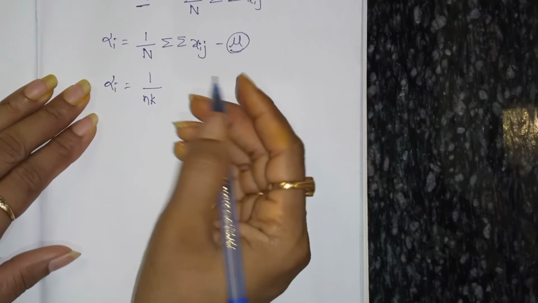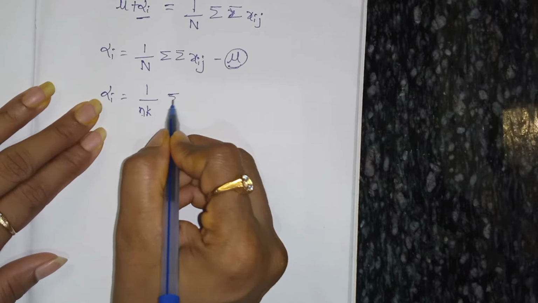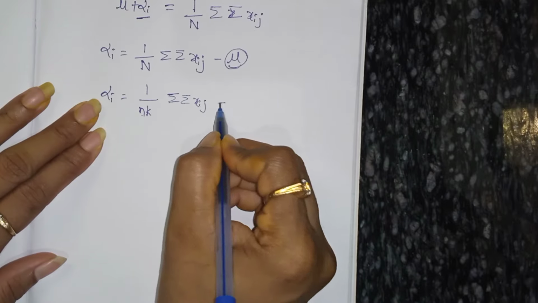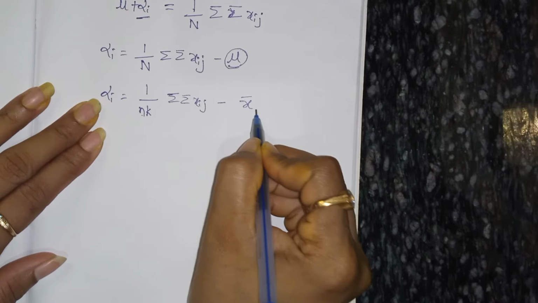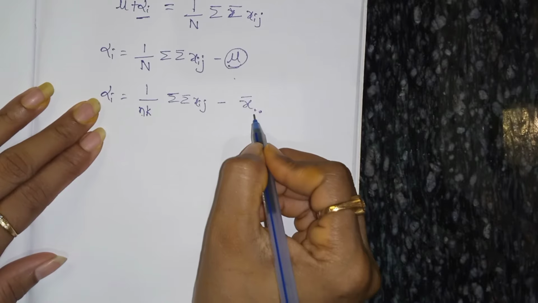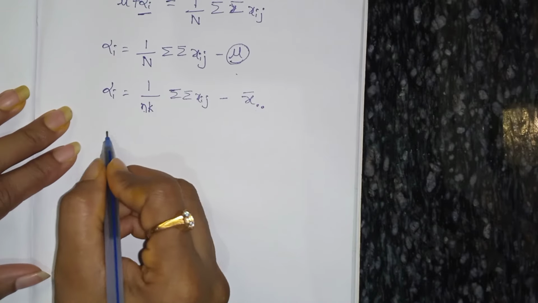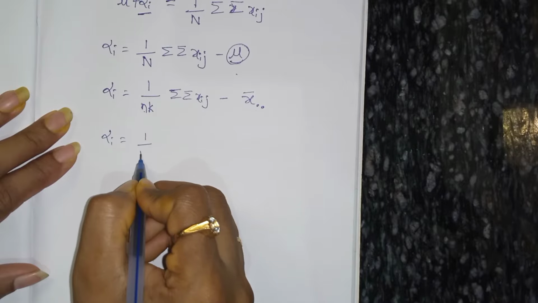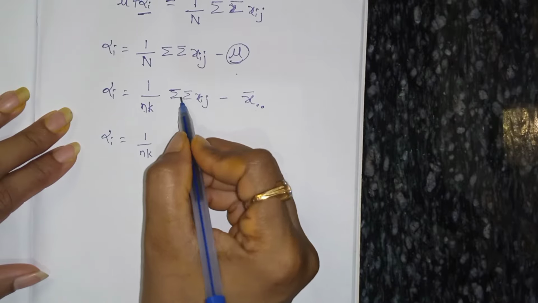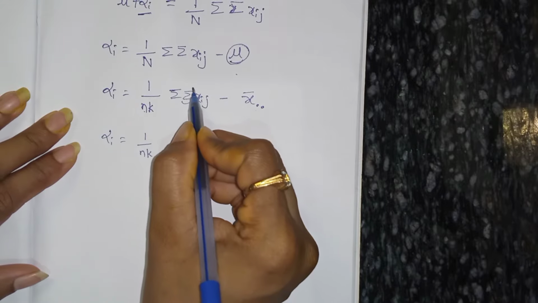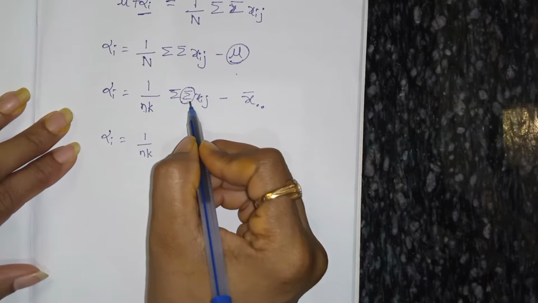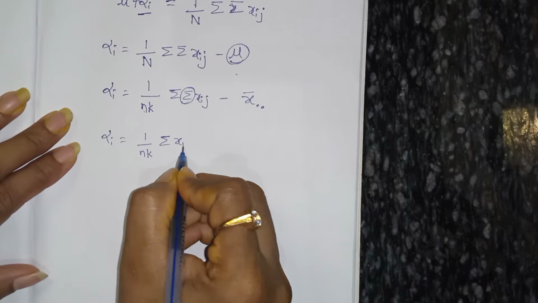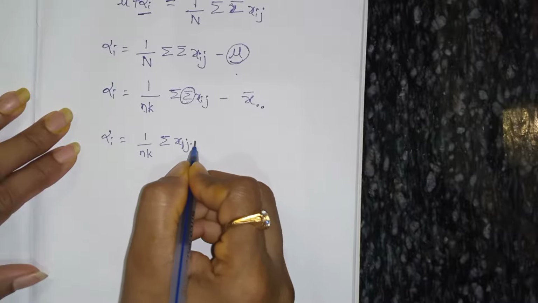We all know nk, double summation xij minus x bar double dot. The value of mu is x bar double dot. So alpha i equals 1 by nk into, I am going to remove one summation. In place of this, what can I write? N. So summation xij into n.